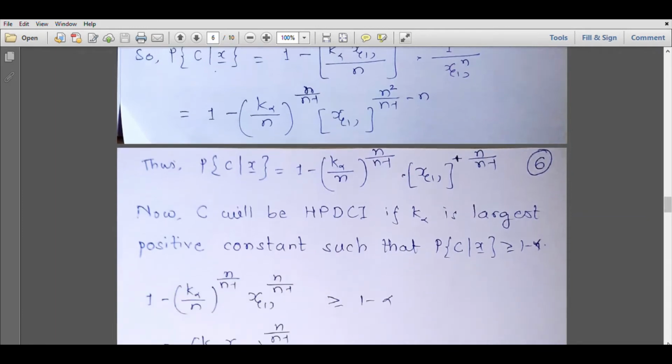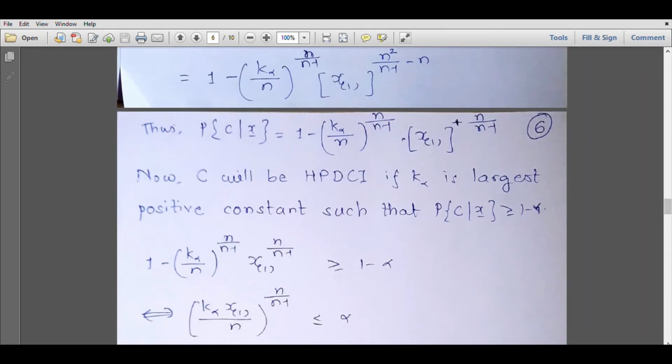This should be at least 1 minus alpha, which means k alpha x ordered 1 upon n, whole raised to n upon n minus 1, should be less than or equal to alpha. To get from here to here, you first subtract 1 from both sides and then multiply by minus 1. When you multiply by minus 1, the inequality gets inverted, and so you get a condition of this type.